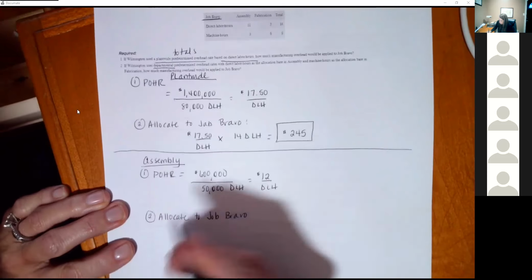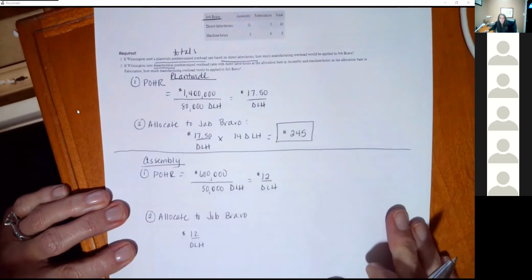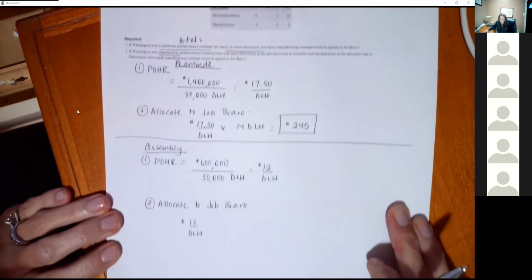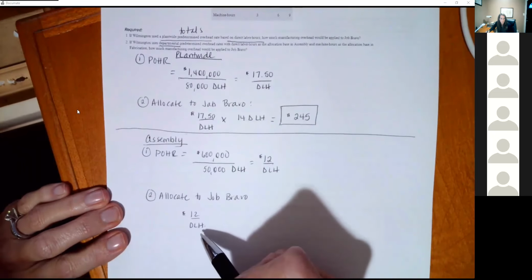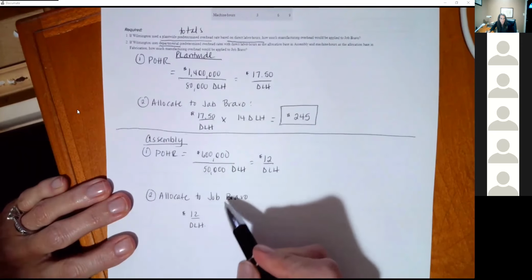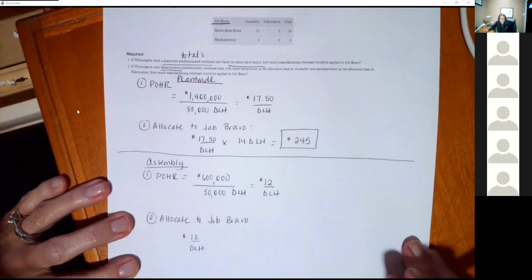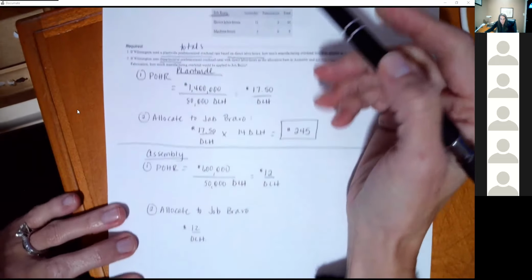So I'm going to take that 12 per direct labor hour. And what do I multiply it by? We know that it's per direct labor hour. So how many direct labor hours did we spend in assembly for this job? 11. Right, 11. Direct labor hours for assembly, we spent 11.